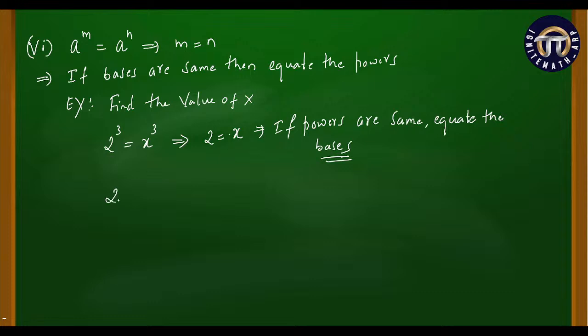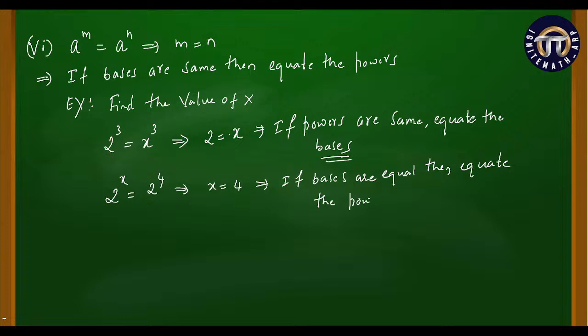So look at this: if I have 2 to the power of x is equal to 2 to the power of 4, since the bases are equal, I can write x is equal to 4. Why? If the bases are equal, then equate the powers. Clear, children?